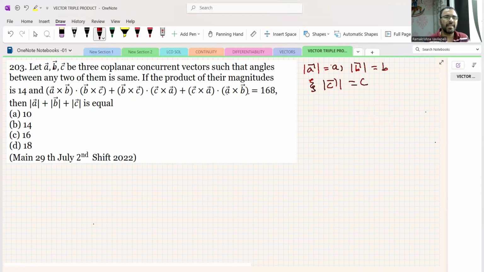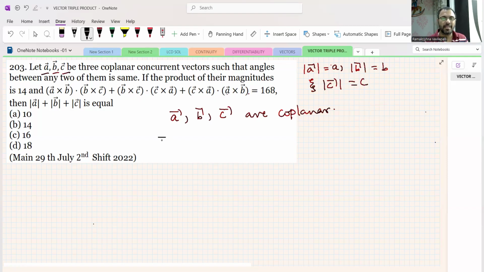Okay. See here that A bar, B bar, C bar are three coplanar vectors, right? They are all lying on the same plane, isn't it? So A bar, B bar, C bar are coplanar. All right. So what is the vector perpendicular to plane AB, plane BC and plane AC?